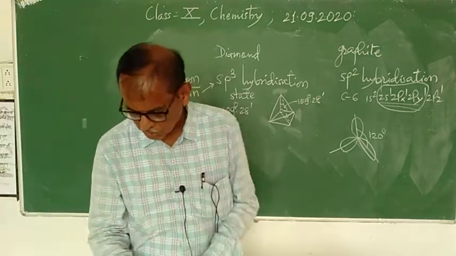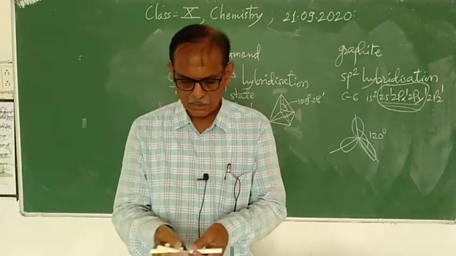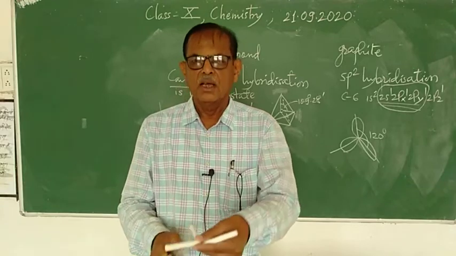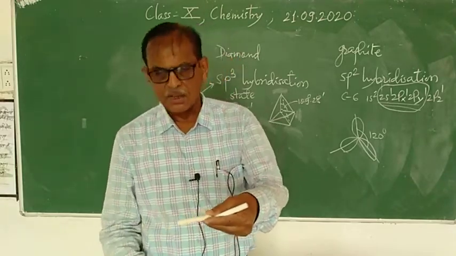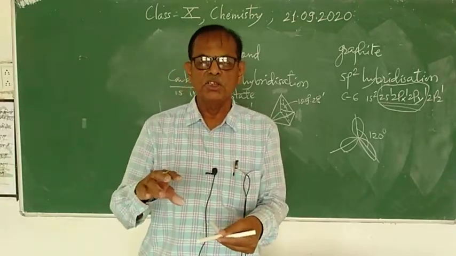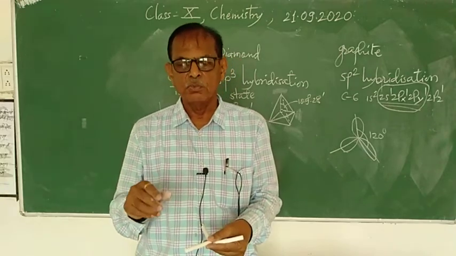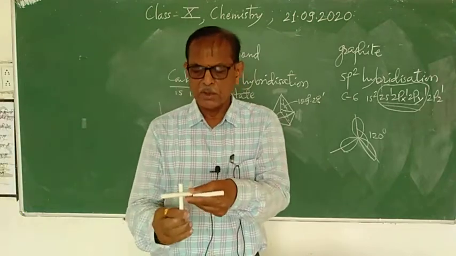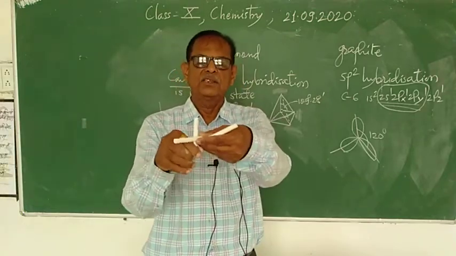So I will show you how it remains perpendicular. So see, these are the three sp2 hybrid orbitals which are formed by the mixing of 2s, 2px1, 2py1, and pz remains perpendicular like this.